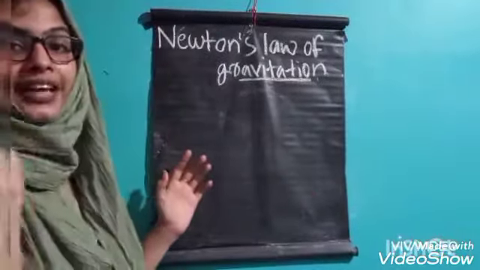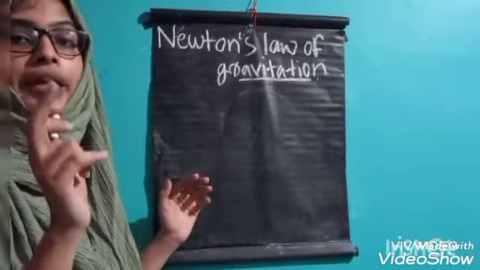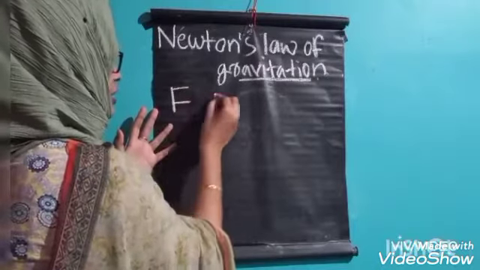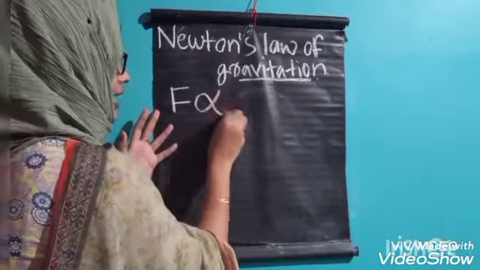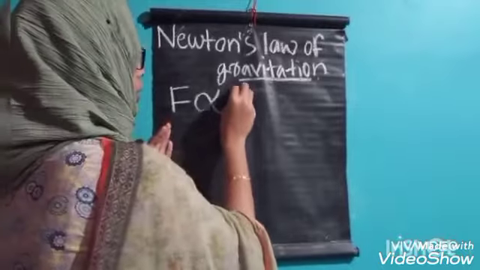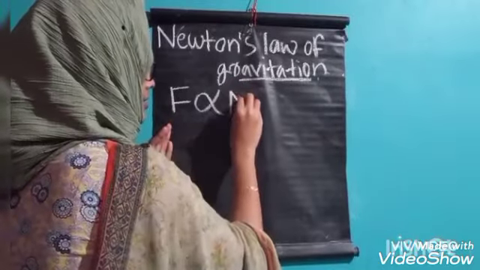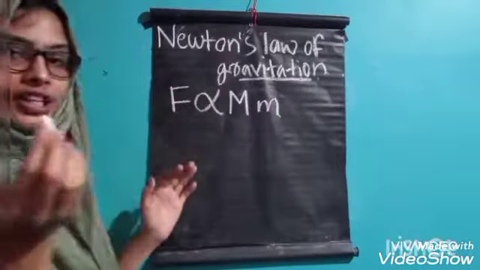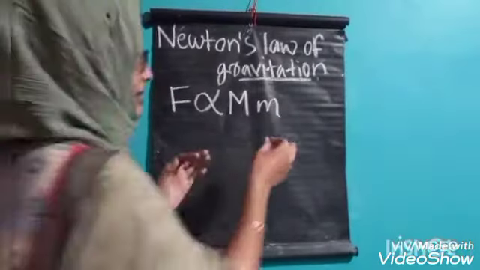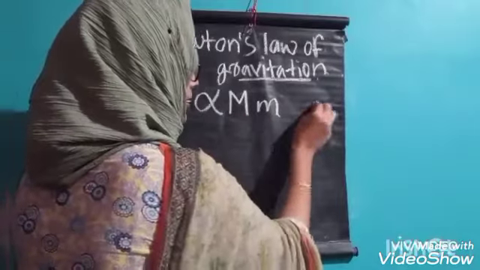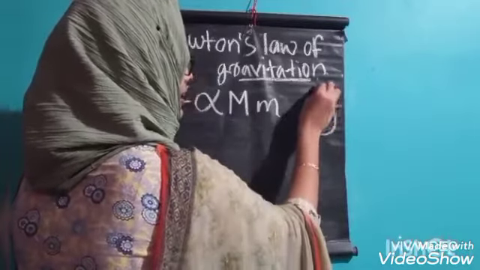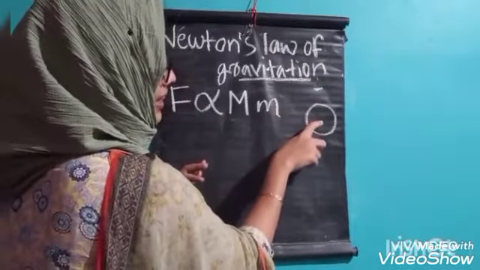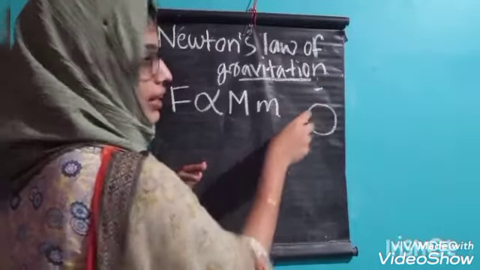So Newton's law of gravitation says, the first point, that the force of attraction or force of gravitation is directly proportional to the product of their masses. Suppose when the chalk falls onto the earth, one object is the earth and the other is the chalk. The earth attracts the chalk, isn't it?